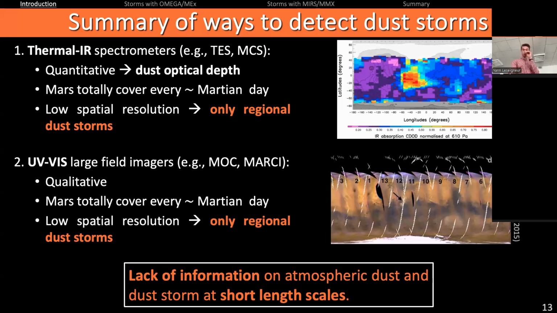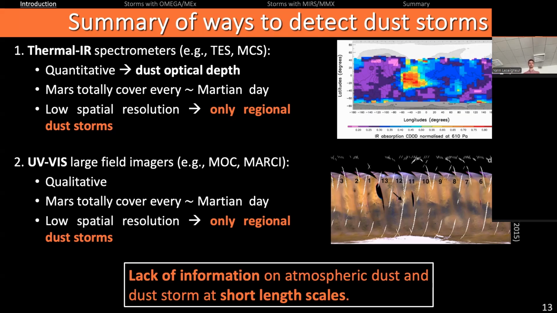These two types of instruments are the ones mostly used to study dust storms. So now we have a very big lack of information about the atmospheric dust and dust storms at shorter length scales.